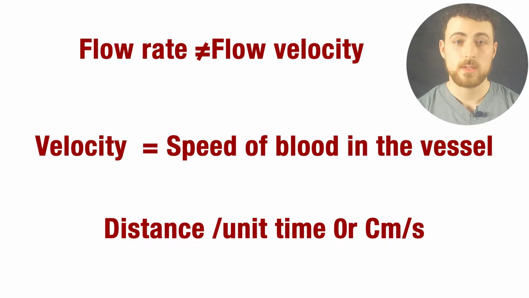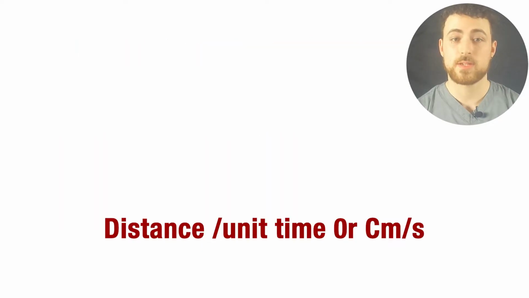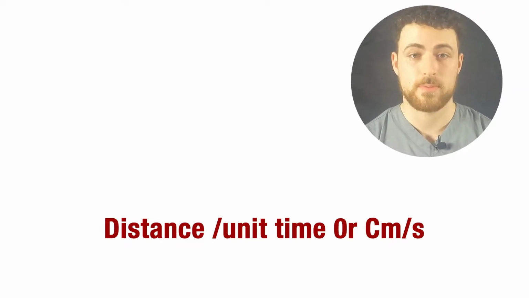All else being equal, a greater flow rate will necessitate a greater flow velocity, but it's not a simple linear relationship. Why am I mentioning velocity when it isn't part of the equation? Well, because it's a bit like the elephant in the room of the Hagen-Poiseuille equation. It can completely change the rules that govern blood flow, as we will see in a minute.